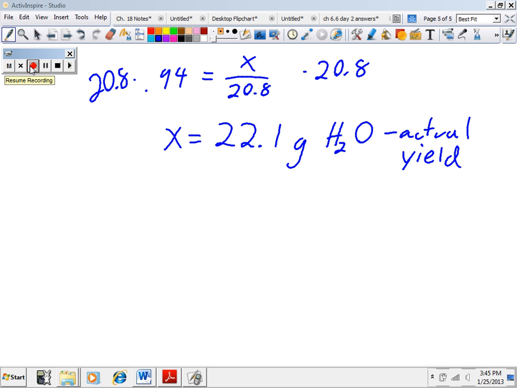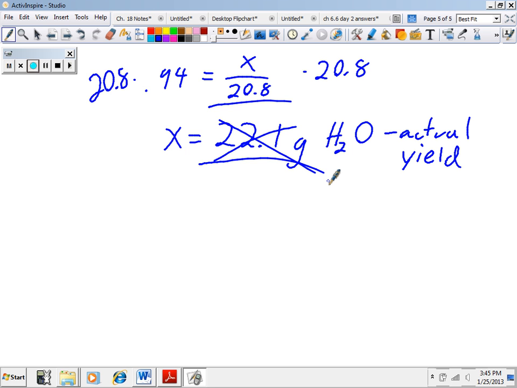I did that on purpose just so we could emphasize the importance of checking our work to see if it made sense. I know it didn't make sense because how could my actual yield be more than the theoretical yield? Somehow I got extra water in the lab? No way. I actually did the problem wrong. I found out that I divided by 0.94 in my calculator rather than multiplying by 0.94.